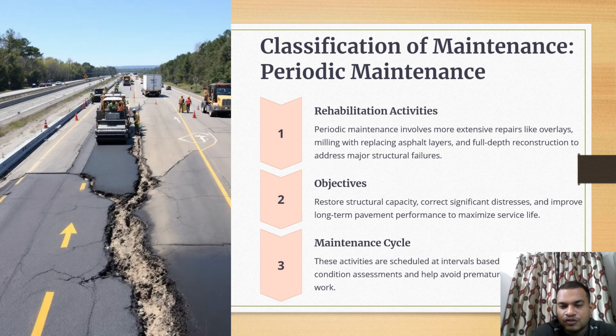Objectives are to restore structural capacity, correct significant distress, and improve long-term pavement performance to maximize service life. The maintenance cycle is to be maintained. These activities are scheduled with interval-based condition assessments and help to avoid premature failure of the work.